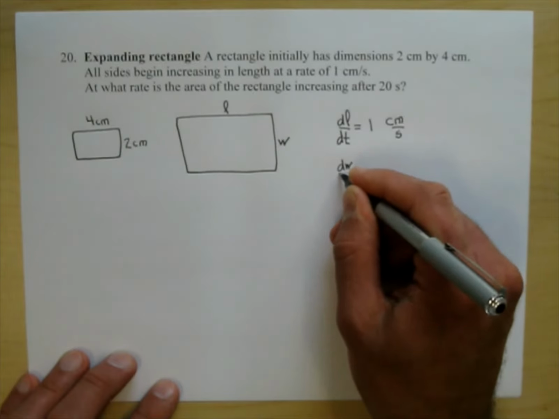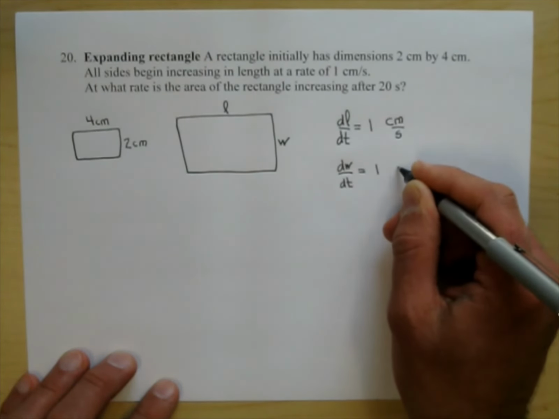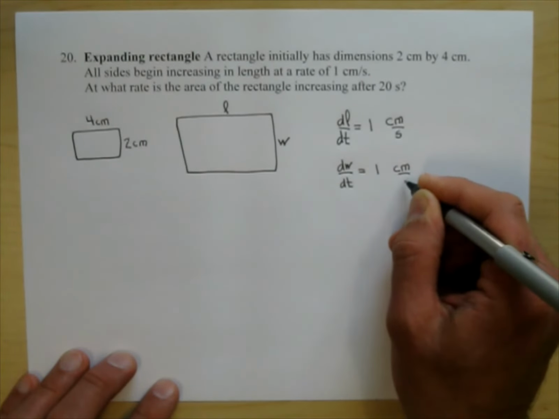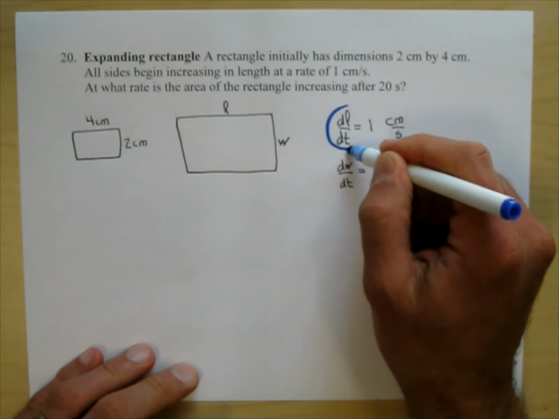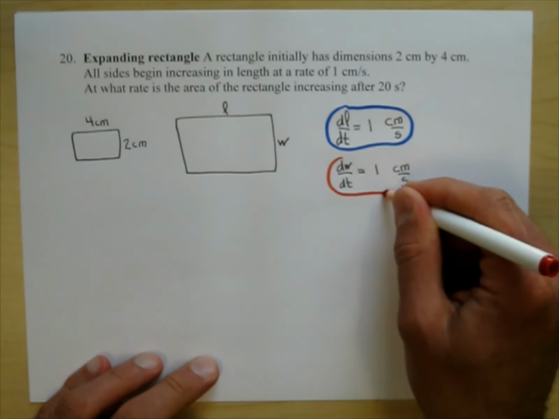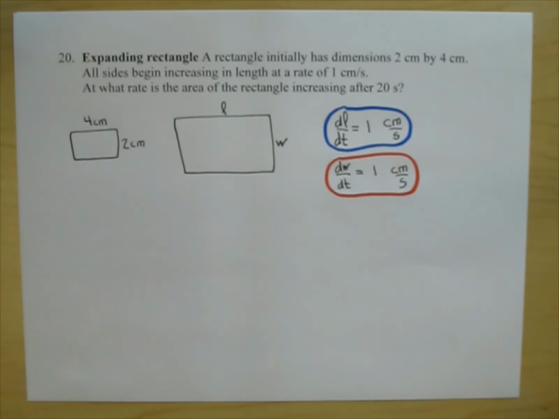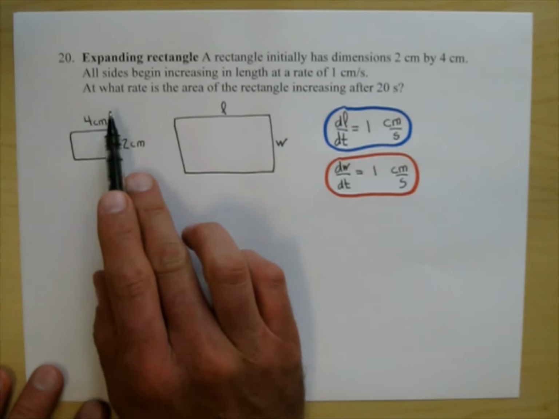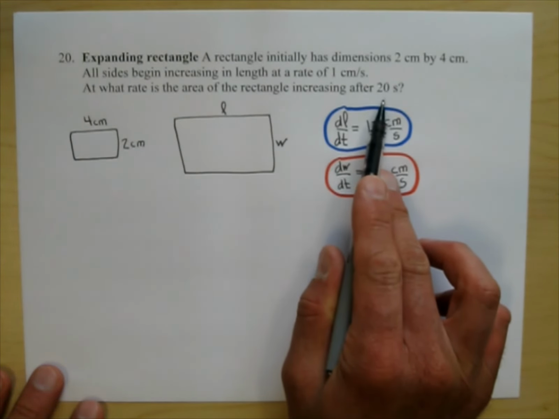dw dt is also 1 centimeter per second. We better color code those. So this guy right here is blue. That guy right there we'll make red. And we have to continue to read the problem here. At what rate is the area of the rectangle increasing after 20 seconds?